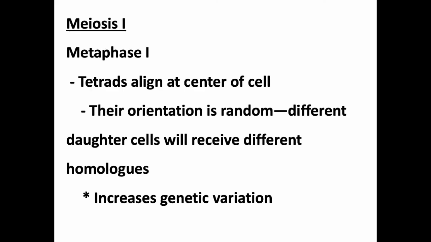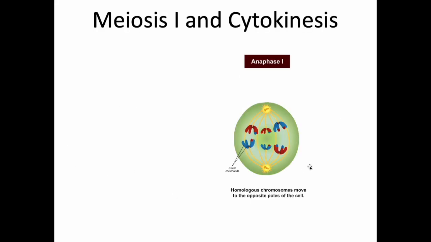Okay, that was PPMAT. After metaphase I, we come to anaphase I. And the tetrads are pulled apart from one another. Importantly, the sister chromatids stay together. They'll get pulled apart in the next one.